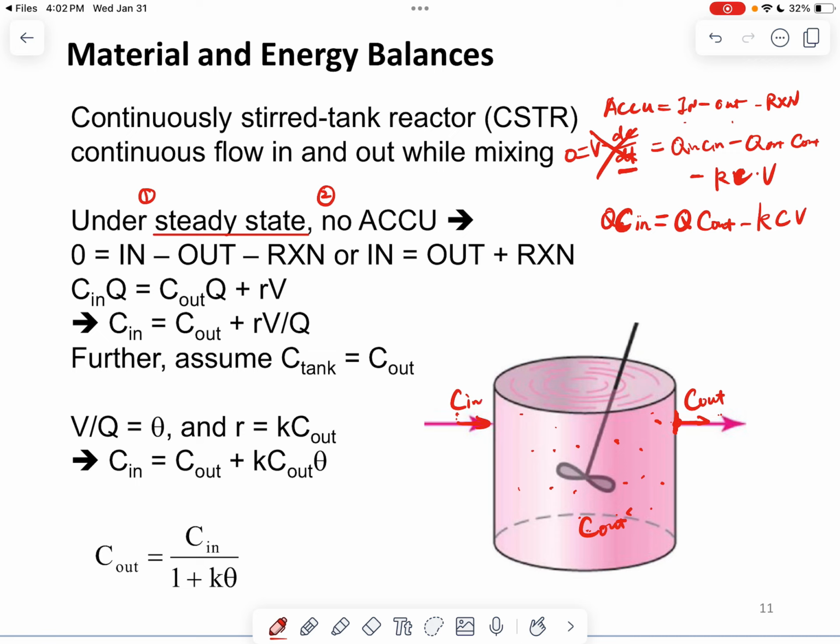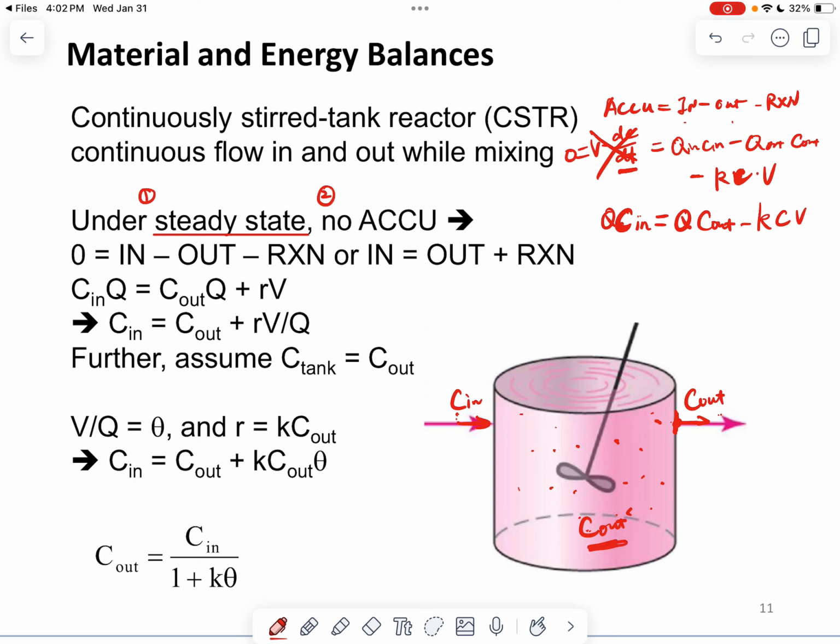Well, you may also wonder why we can't assume that the concentration in the tank is the same as the concentration at the inlet. We cannot, mainly because the reaction is taking place in the tank. So the concentration of this chemical is already reduced, right? If we mix the inflow with lower concentrated chemicals, the concentration will be lower.